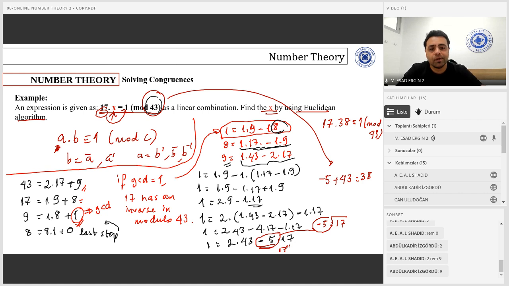Let's check it. If I multiply 17 by 38, it will be 646. And if I use modulo 43, the remainder will be 1.